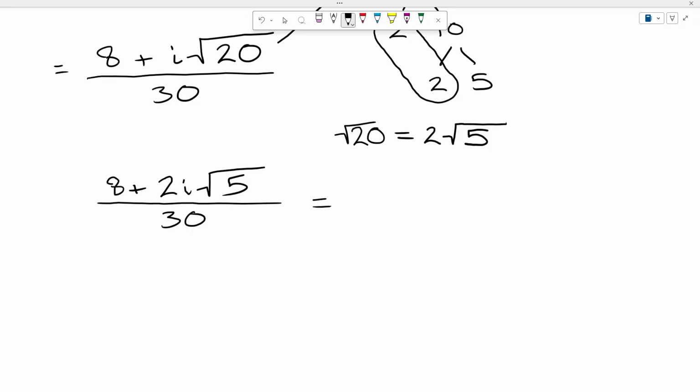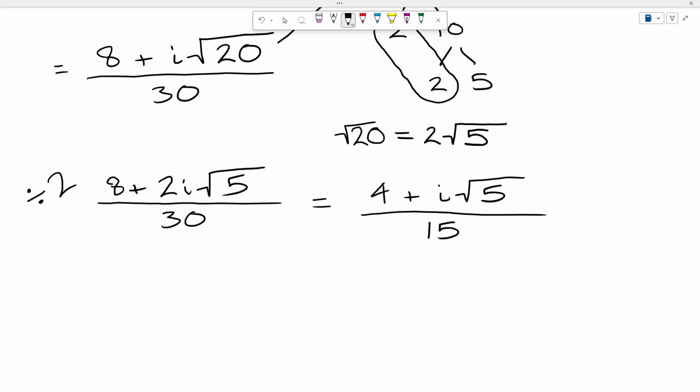So if we divide 8 by 2, we'll have 4, and then plus, this would just become i, and we'd still have square root of 5, because we can't do anything with that. And then 30 divided by 2 would get us 15. So we just divided everything by 2 just to simplify it down.